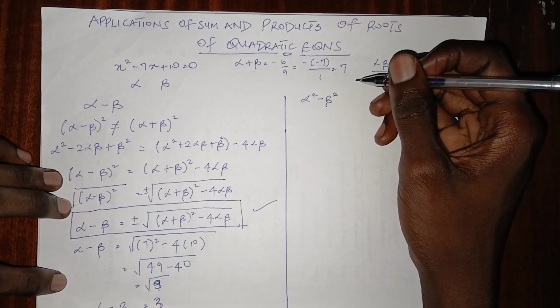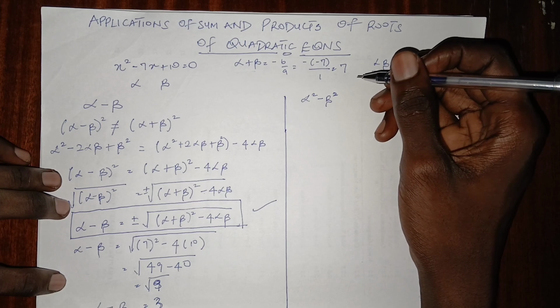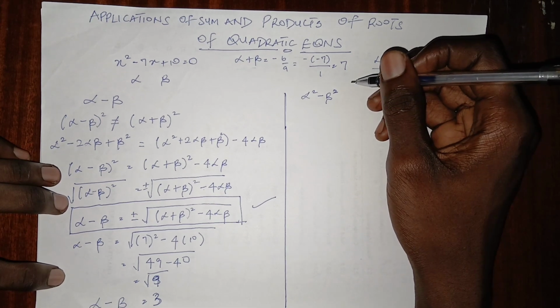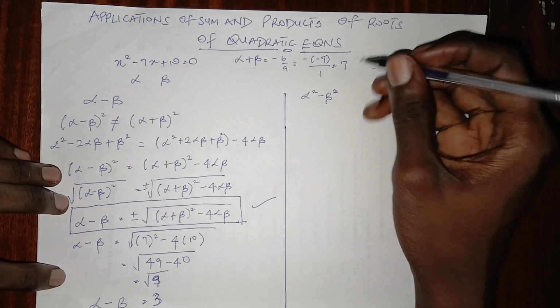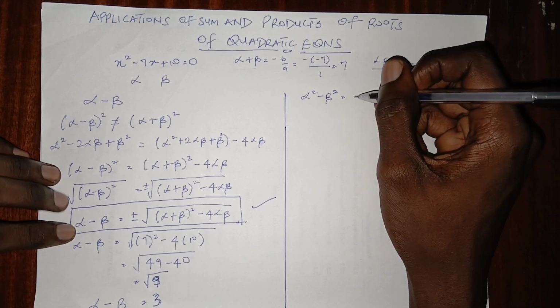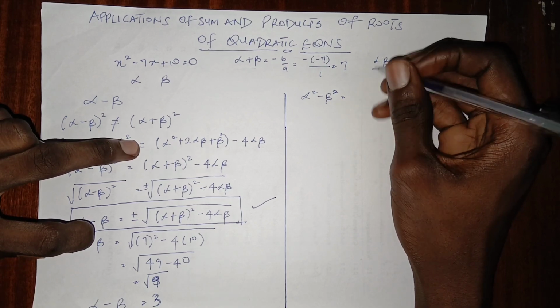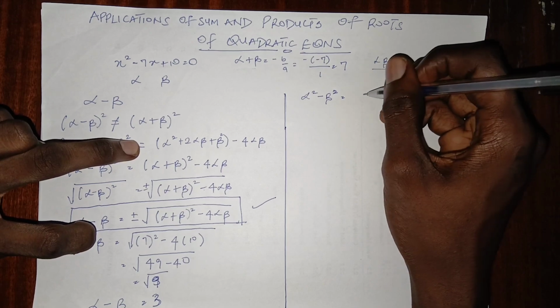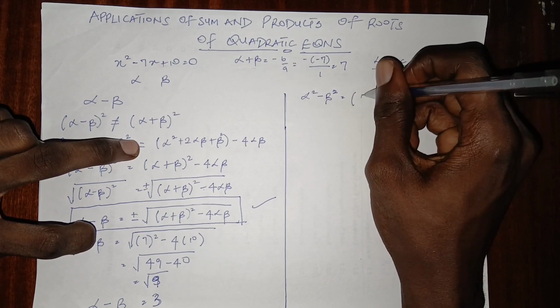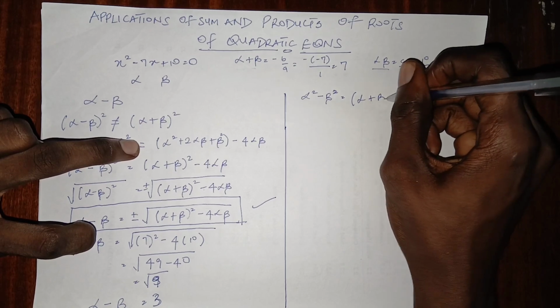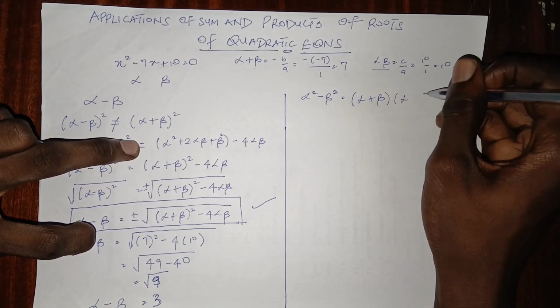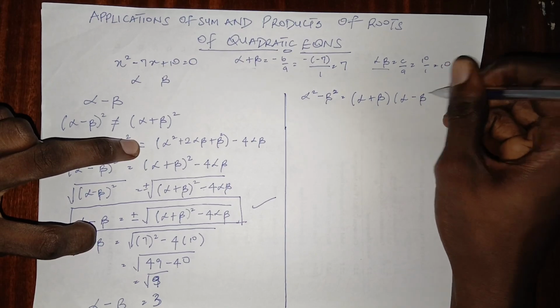Now to solve for alpha squared minus beta squared, when we open the brackets with two opposite signs, alpha plus beta and alpha minus beta, the other two terms eliminate.